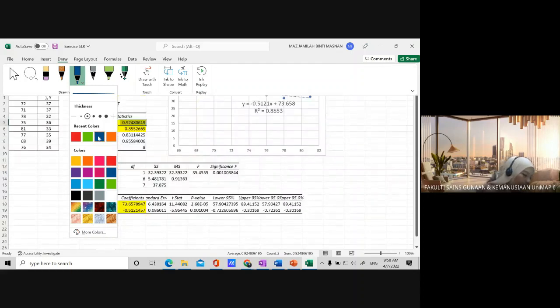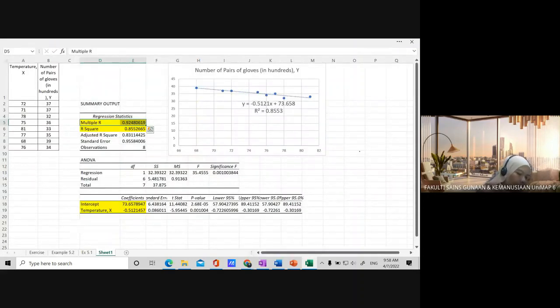We know that we are using this value and this value. So we know that our F alpha uses 0.05, and then we have 1 degree of freedom for regression and 6 degrees of freedom for error.